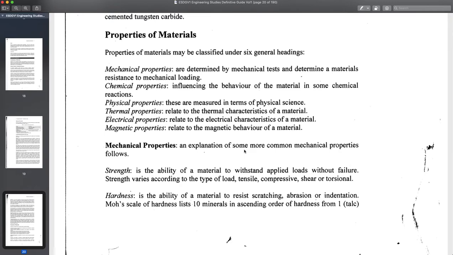So when we're looking at material properties, we're going to lump most of the ones we're interested in as engineers into mechanical properties. This is how we consider how they interact with other things in an engineering context. That's the most important ones, the mechanical properties.